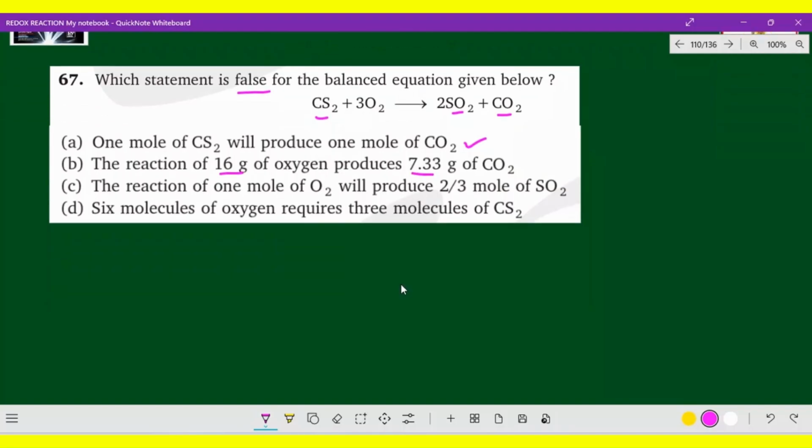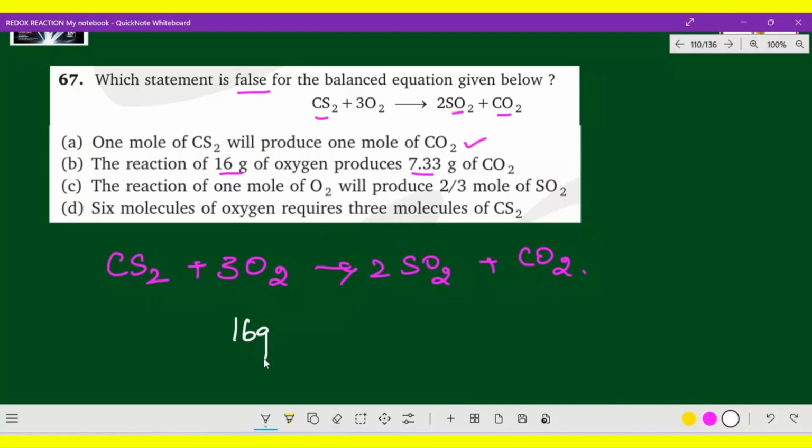Let us check that. Here let me write the equation: carbon disulfide plus 3 moles of oxygen gives 2 moles of SO2 plus 1 mole of carbon dioxide. They mentioned 16 gram of oxygen can produce 7.33 gram of carbon dioxide. Is it true?